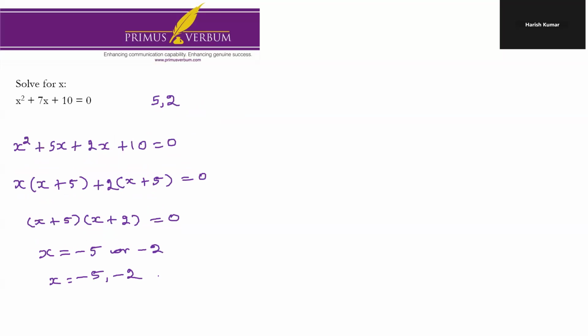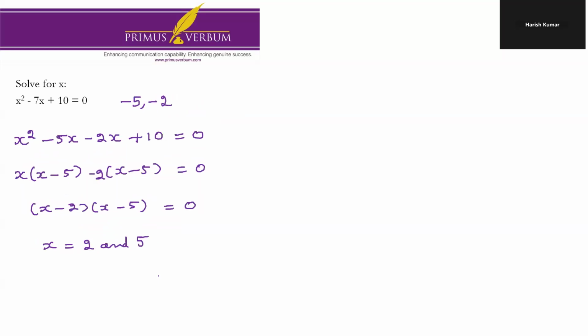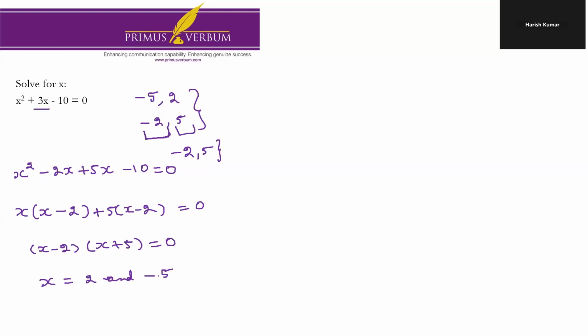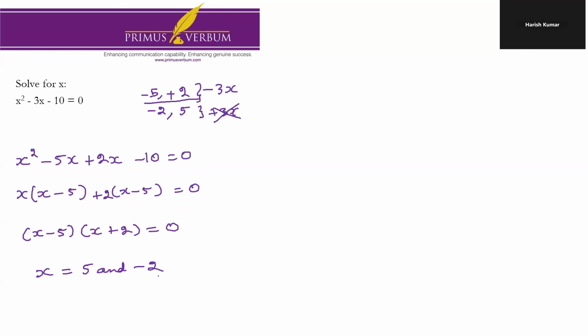And we saw that in each of the cases, the roots involve the numbers 5 and 2, but the signs are different. So I hope now you realize how to find the pair of numbers for different types of quadratic equations where the signs of the different terms are different. They vary. So I hope this is clear to you now.